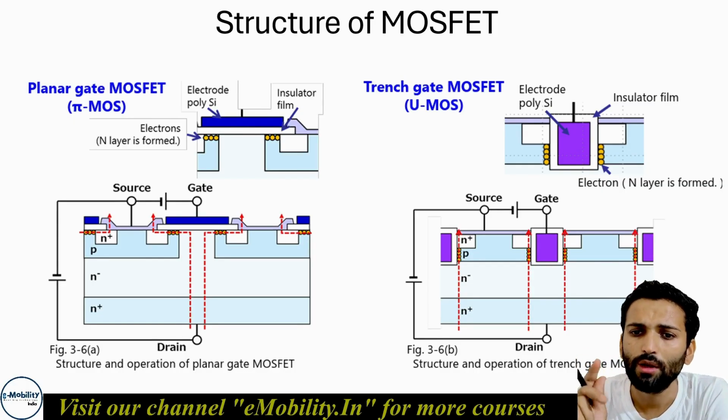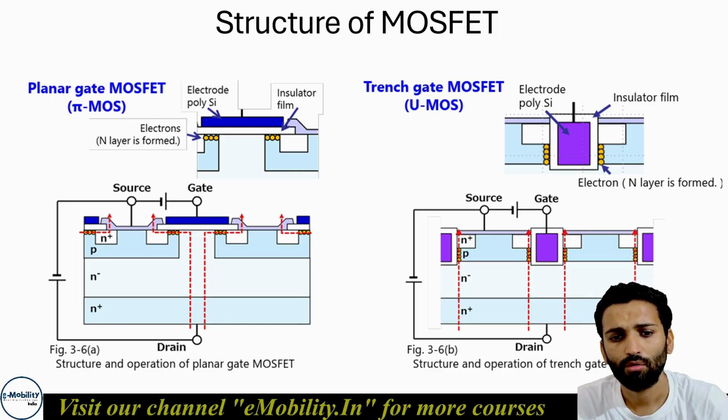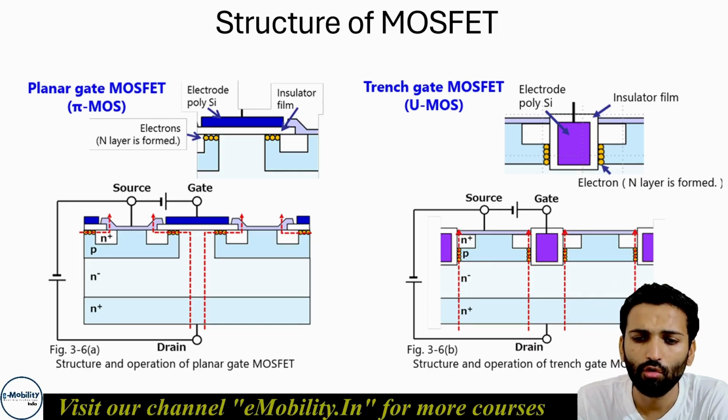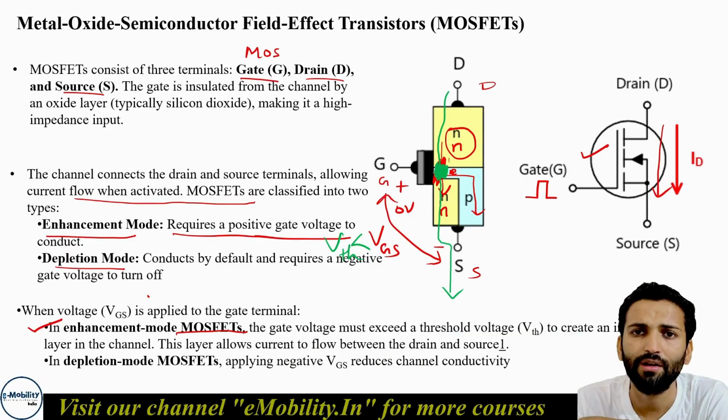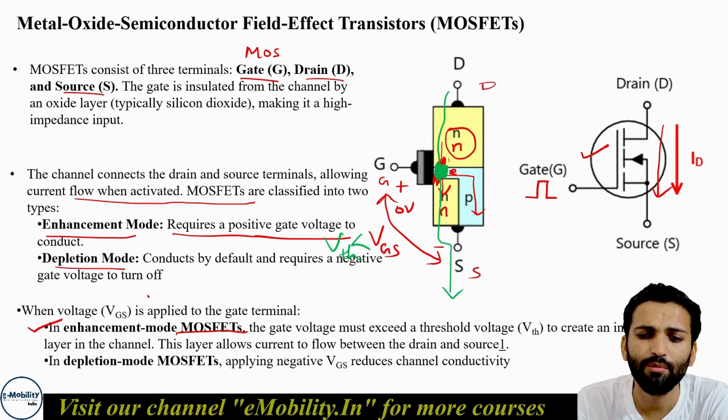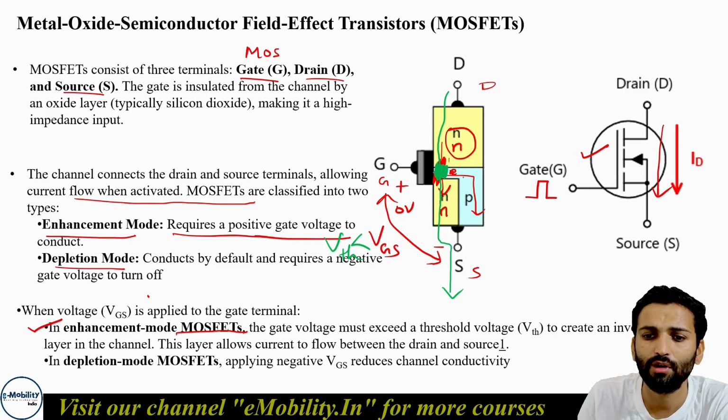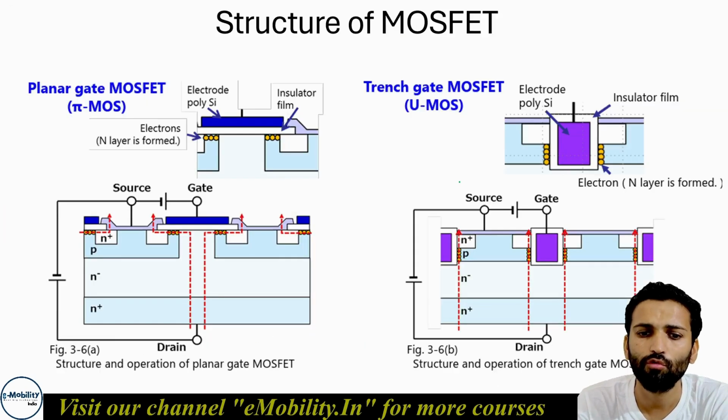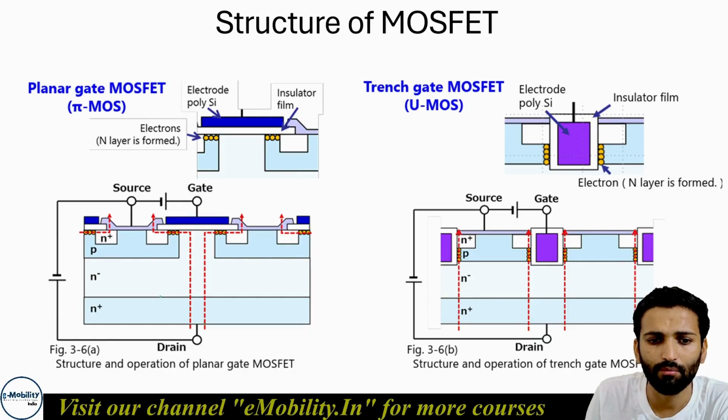So there are two types of structures of MOSFET. The practical MOSFET does not look like this, which we have made here. This is for study purposes only, that the MOSFET has 3 channels, 1, 2, 3: two of N and one of P. But basically the practical MOSFET looks something like this.